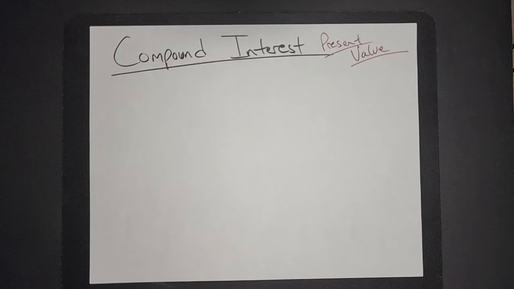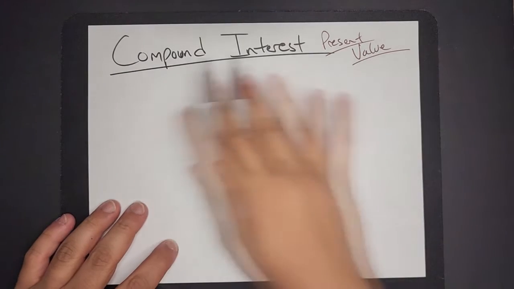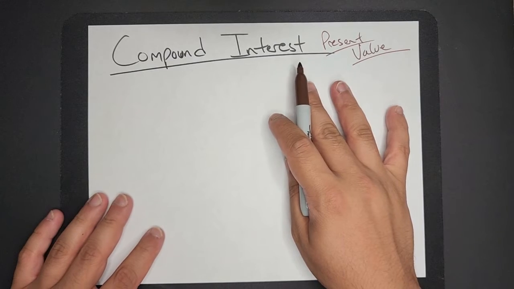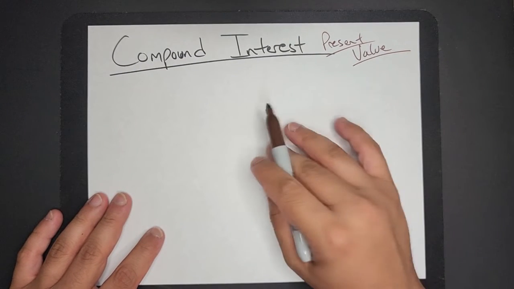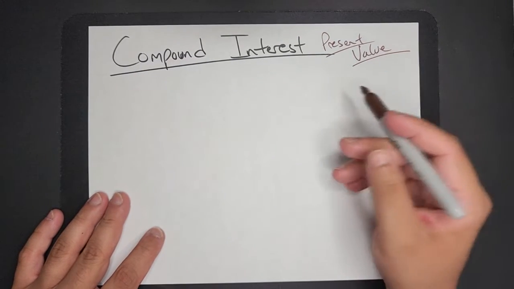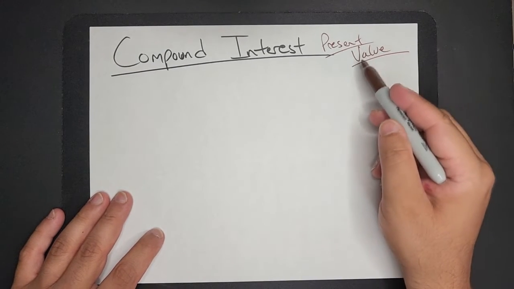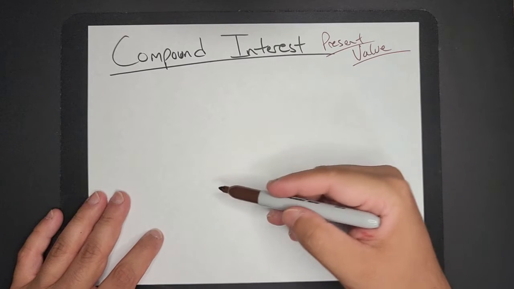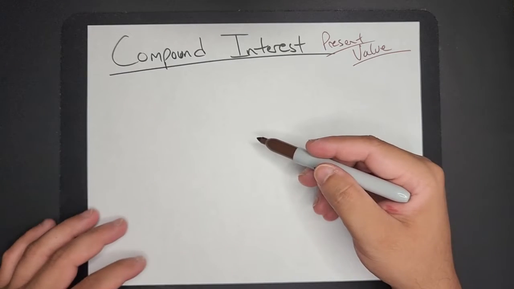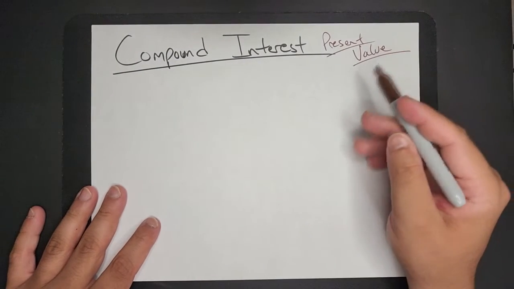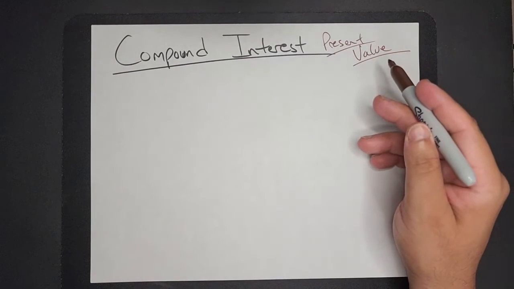Okay, so in this video, we're going to piggyback off our last video on compound interest, where we went over what compound interest is and how compounding periods work. But in that video, we did future value, in which we calculate how much a current investment or loan will cost or earn in the future after a certain point.